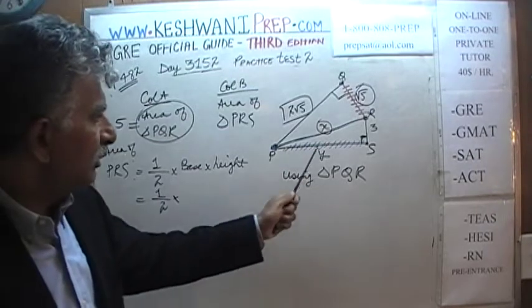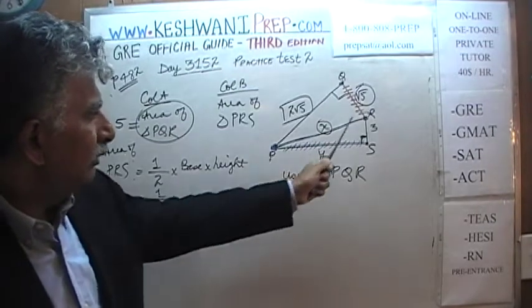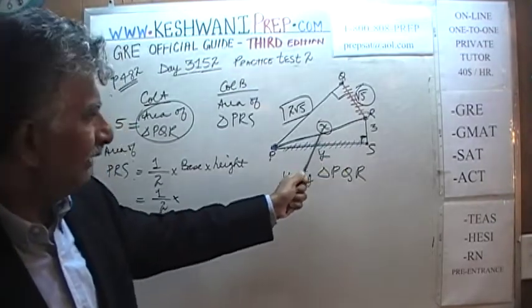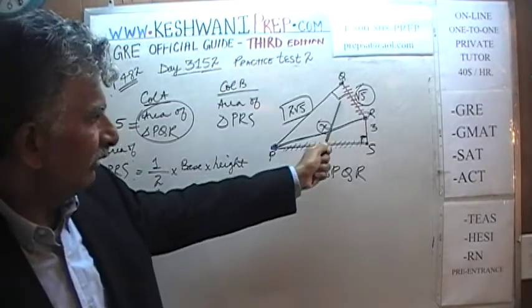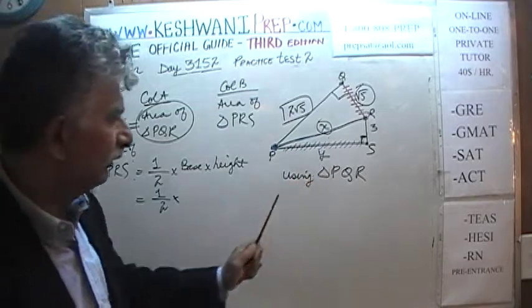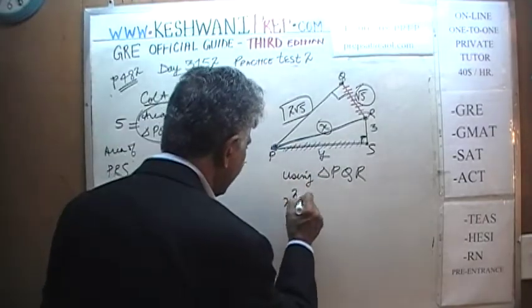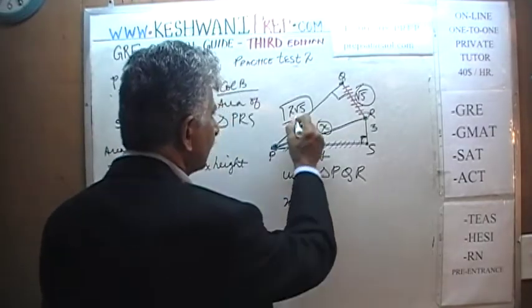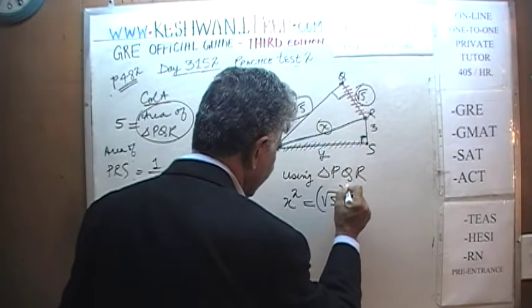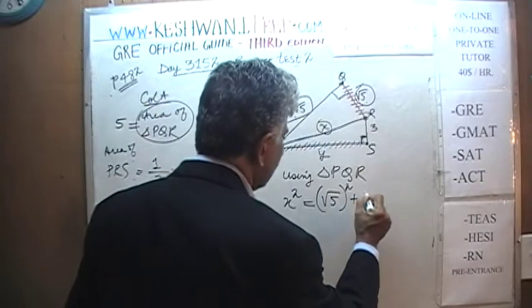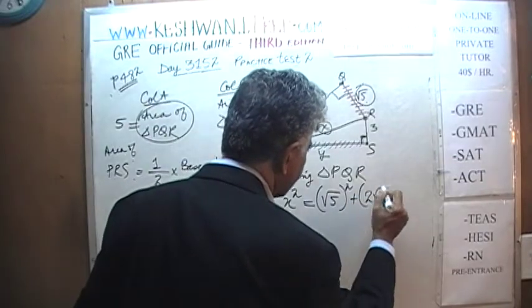In the triangle PQR, the side P to R is what we're calling X, and as you can see, that side P to R faces 90 degrees, which means this is our hypotenuse, which means X squared has to equal the sum of the squares of those two quantities. Root of 5 squared plus 2 times root of 5 squared.